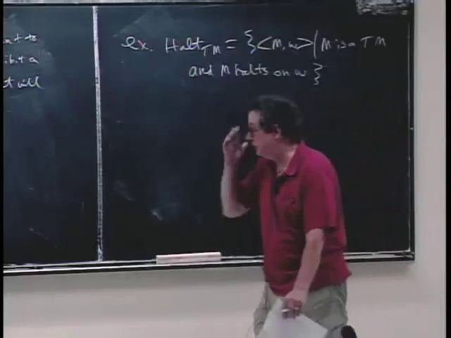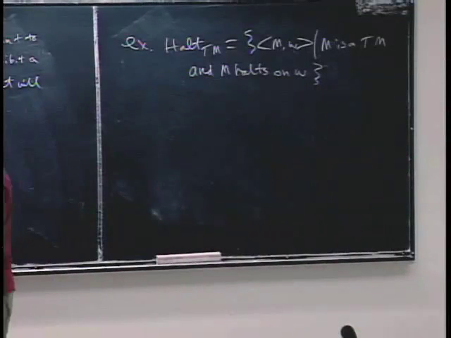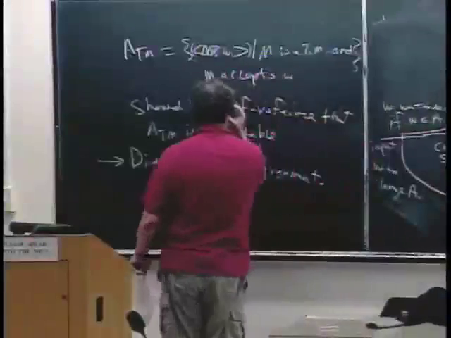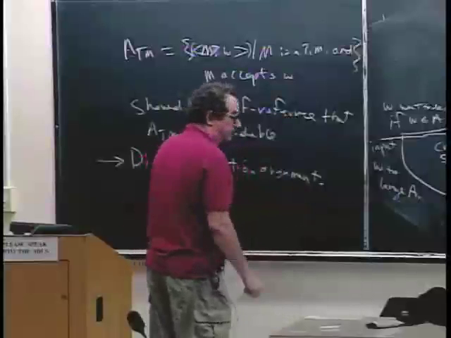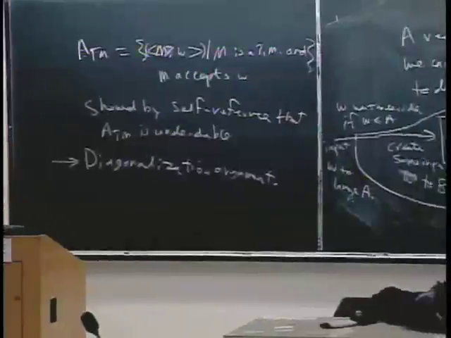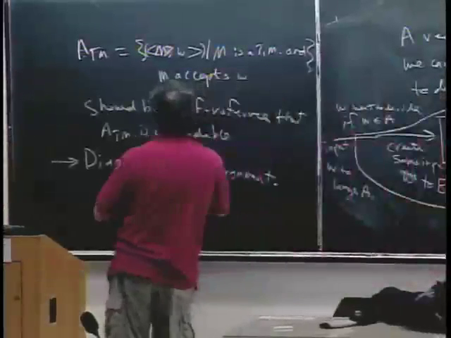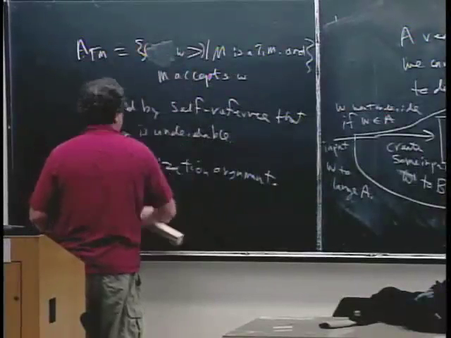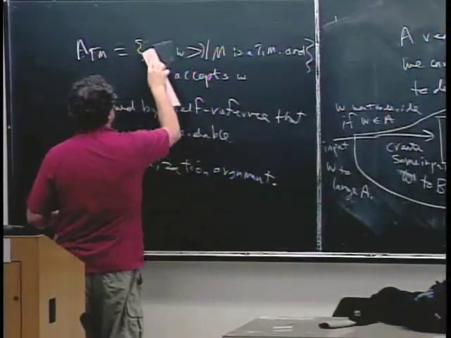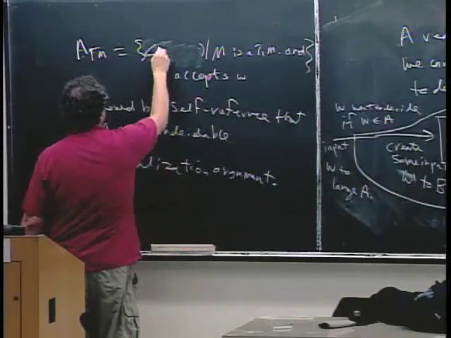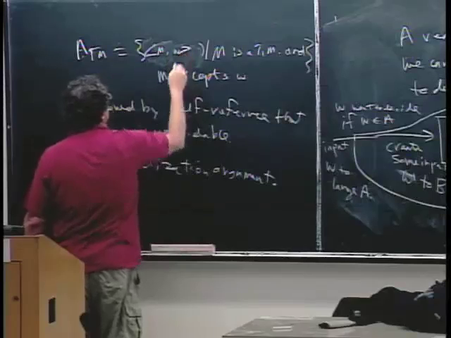Do we still have ATM up on the board there? Yeah, we have ATM all the way on this board. So anyway, I want this to be the same input, MW.